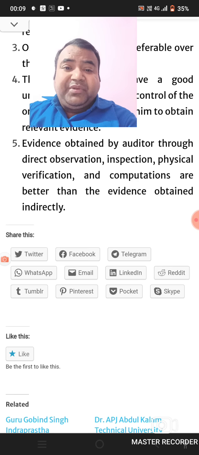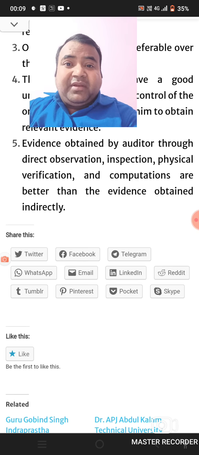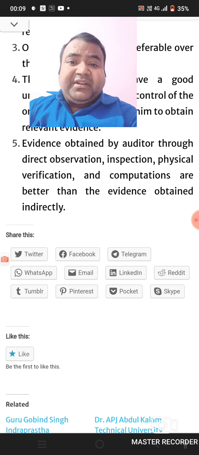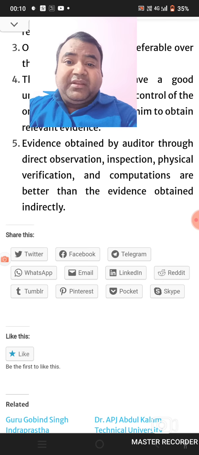Computation means computing anything on an analytical basis, or mathematical or statistical computation. That data is more reliable as compared to evidence obtained from indirect sources.